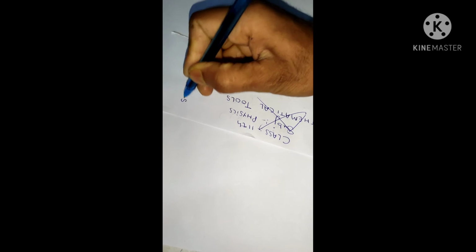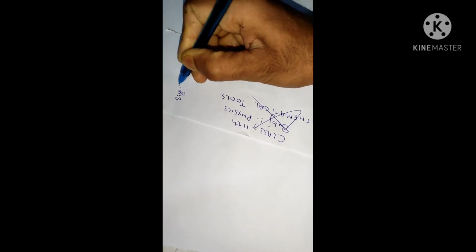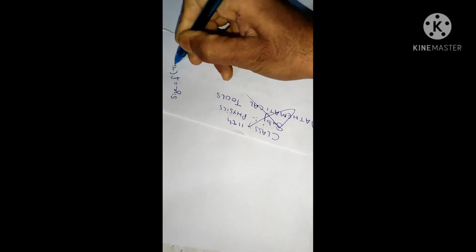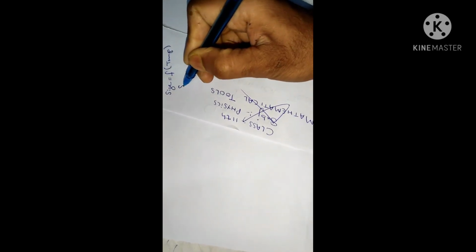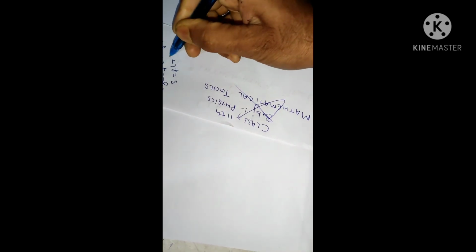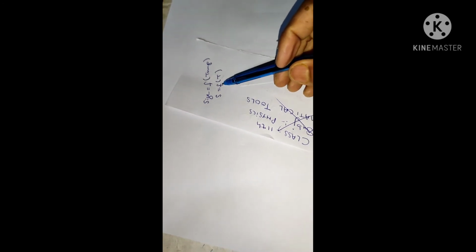I may write: size is a function of temperature. If I keep it into symbols, I can write here S is equal to F of T, right? So here the size of the ice ball is a function of temperature. This is an example which we see in daily life. So now let us understand it more by taking types of the function.